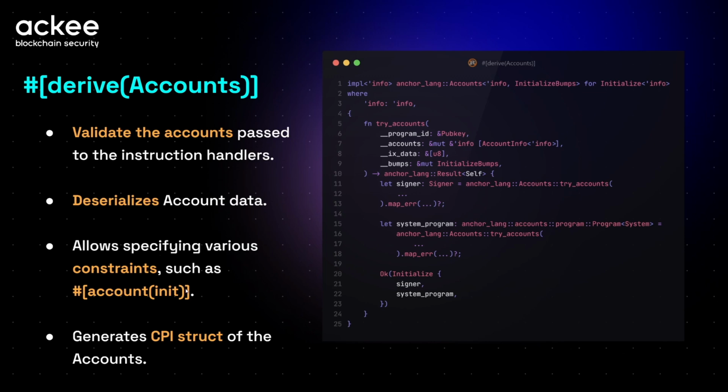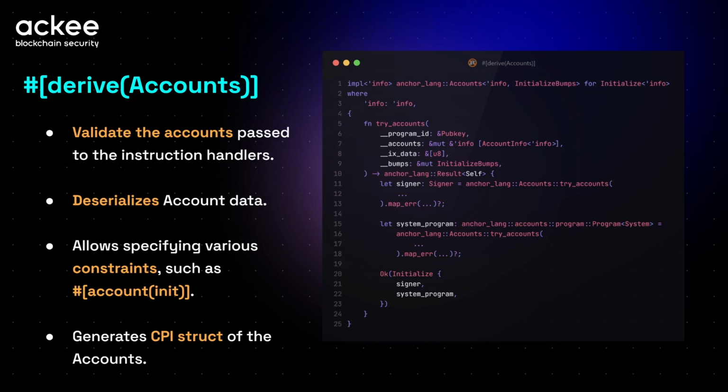If the context has specified any kind of checks, for example init, this accounts macro will ensure that the account is actually initialized. So you do not need to do it manually as in vanilla Solana, because Anchor will generate code that can do it for you.